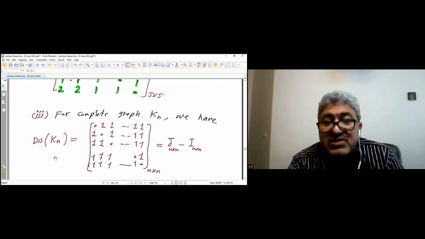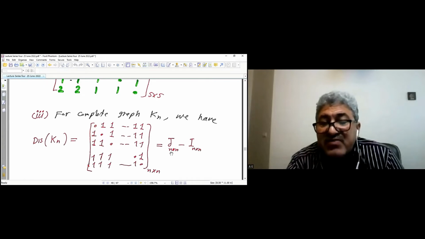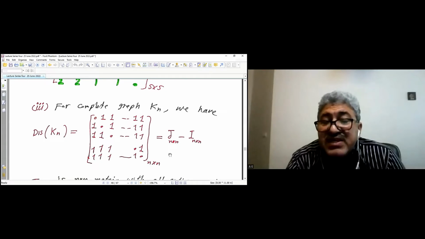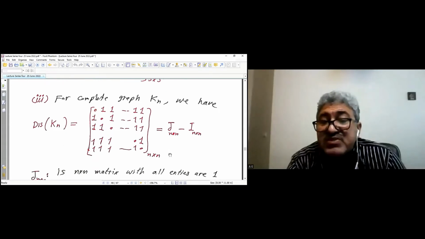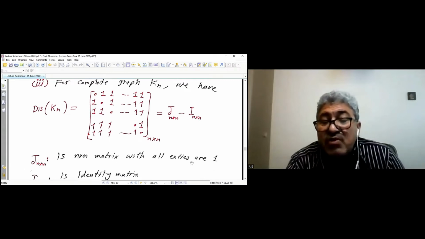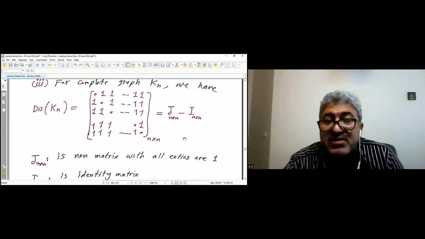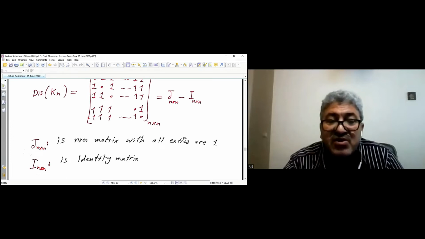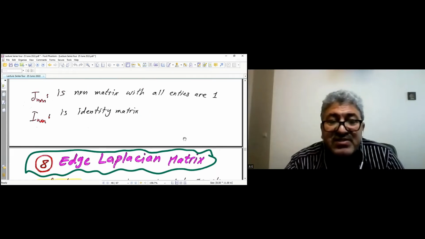So this is the distance matrix, and we can display it as the difference between 2 matrices: J_n is the n times n matrix with all entries 1, and I_n is the identity matrix, which has 1 on the diagonal and 0 elsewhere.